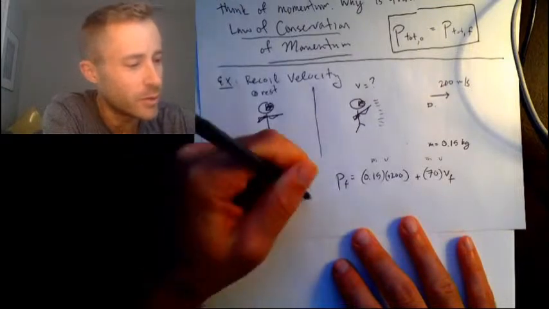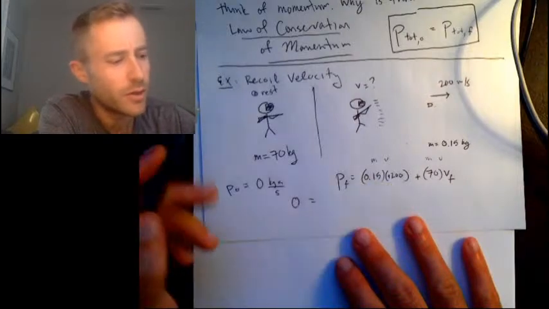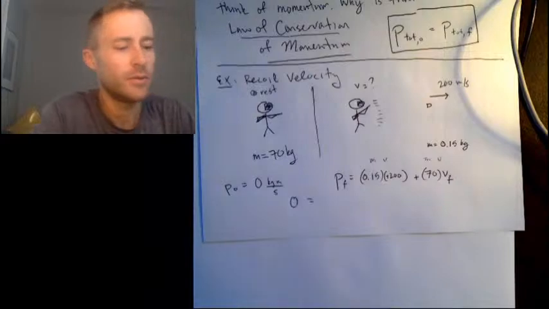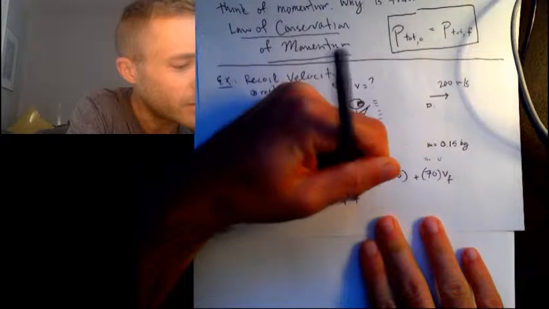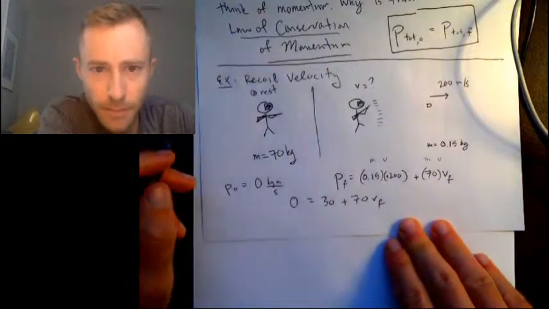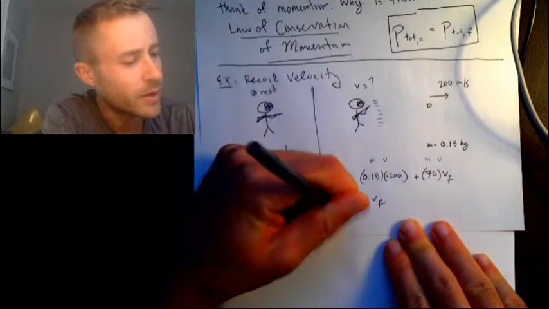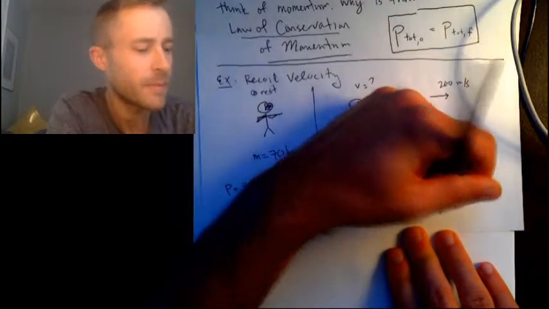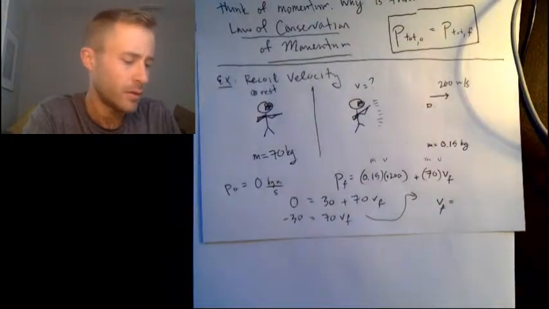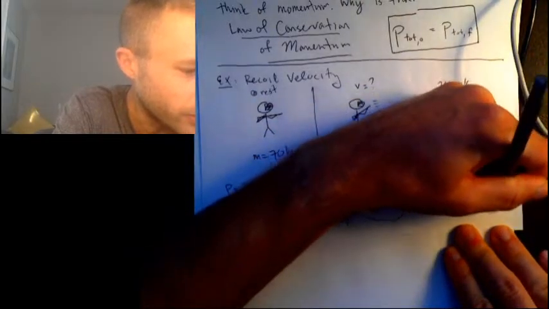So I can say 0 equals 0.15 times 200 is 30, I believe. Let me just double check. Well, 10% would be 30, plus 70 V final. Okay. Subtract the 30 over, negative 30 equals 70 V final. Divide by 70, we get that the final velocity is, okay, minus 0.43 meters per second. All right.